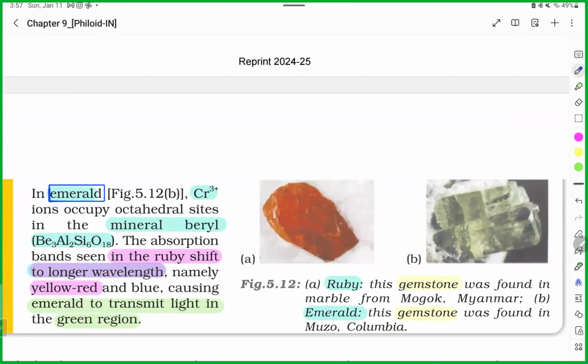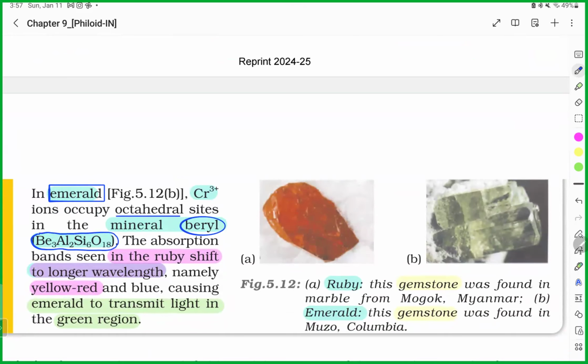Emerald, if you see, is the same: chromium will occupy the octahedral site in the mineral. This mineral again contains beryllium, aluminium, silicon, and oxygen. Okay. So what will happen?